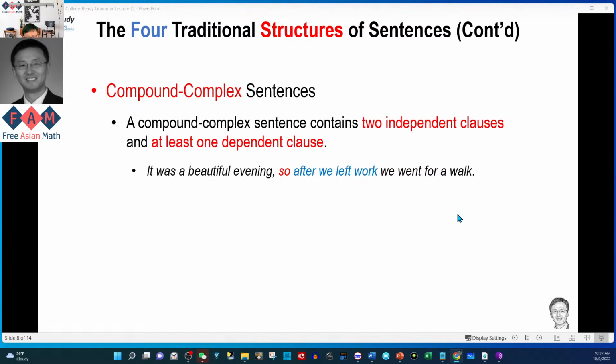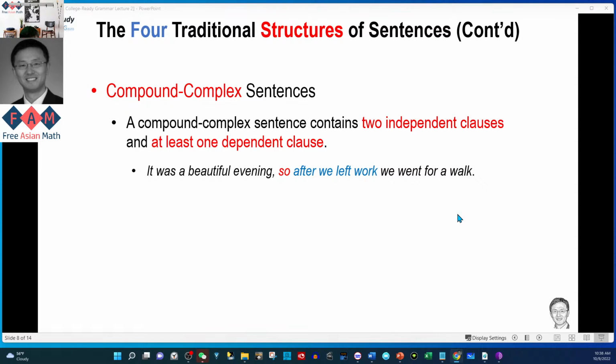This is a comma plus a conjunction, a coordinate conjunction, just as we saw, comma and. So it connects two independent clauses. One is, it was a beautiful evening.